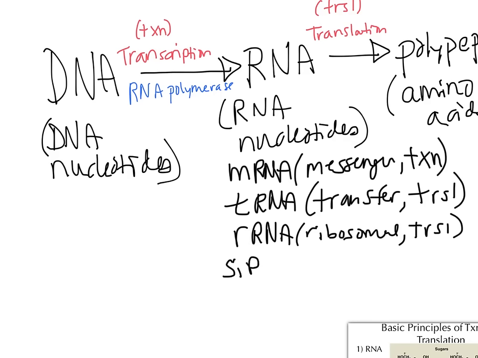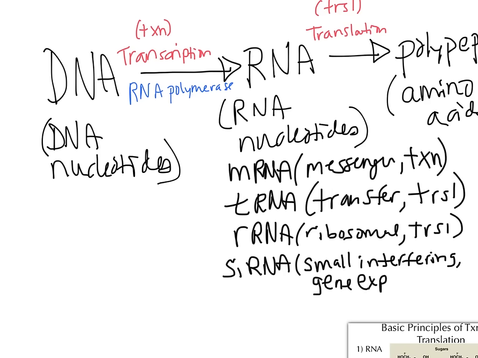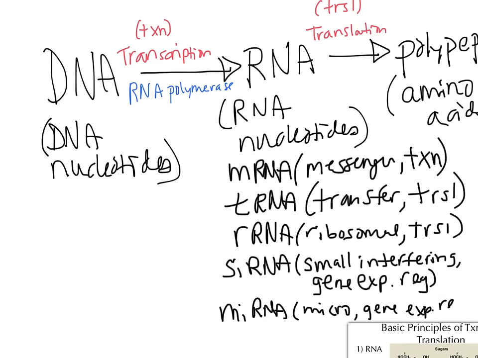There's siRNA, small interfering. This is used for gene expression regulation. In certain organisms, the siRNA, which are these very small RNAs, are going to be able to turn off gene expression by regulating other RNAs. Similarly to siRNA is miRNA or microRNA, also gene expression regulation, turning genes off by interacting with the mRNA.